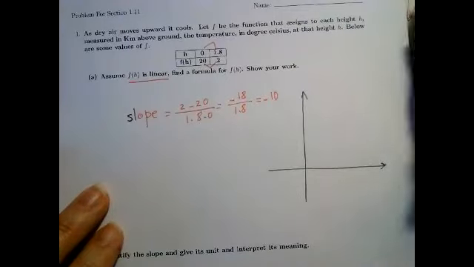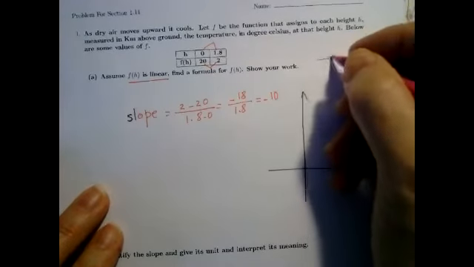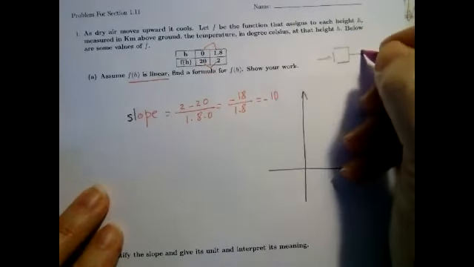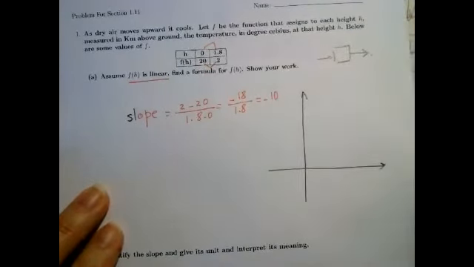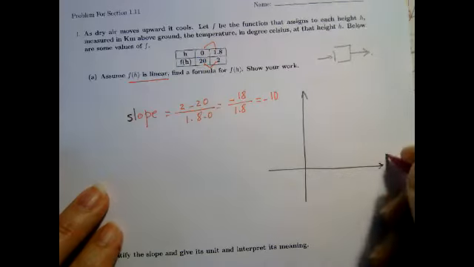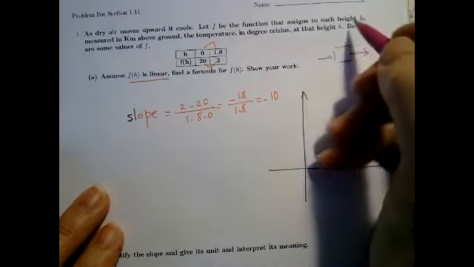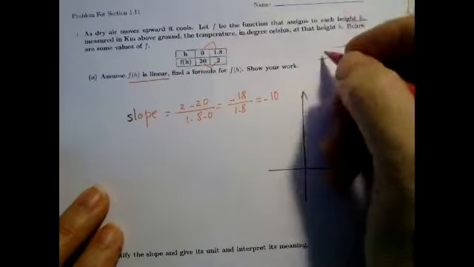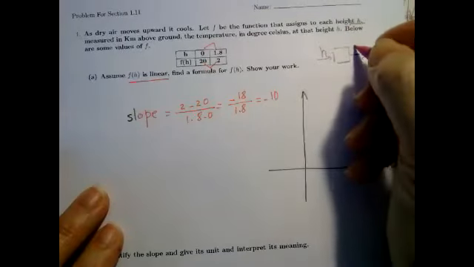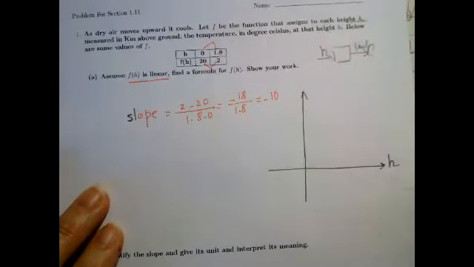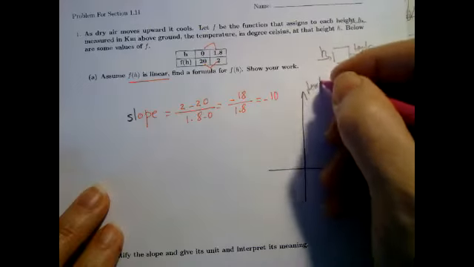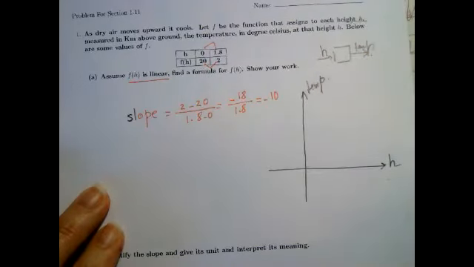It means this function is sending what to what? Would the height be the input and the temperature be the output? Right, because the function assigns to each height the temperature. So this is the height, and this is the temperature.